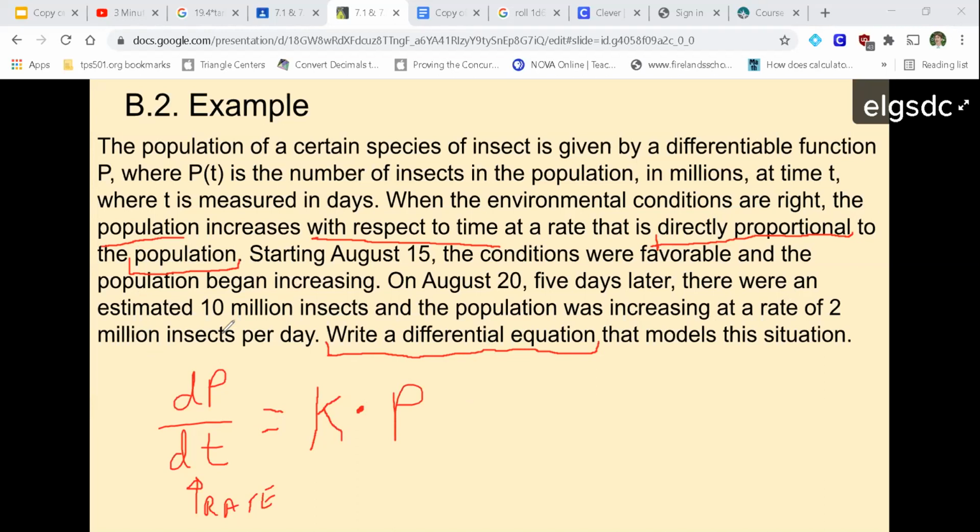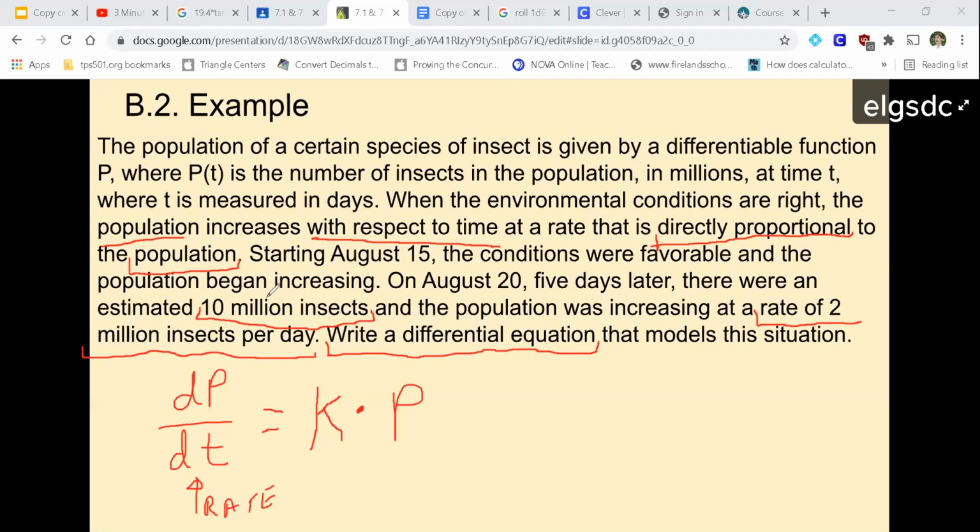For this one, we actually can find out what K is, because we know that there are 10 million insects, that when the population was 10, the rate is 2 per day. Y'all see that?